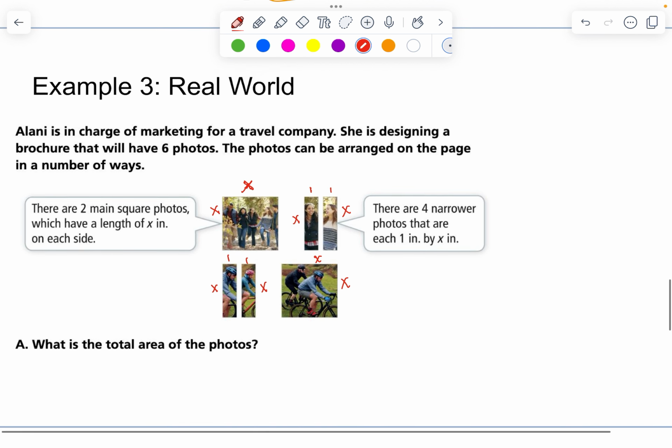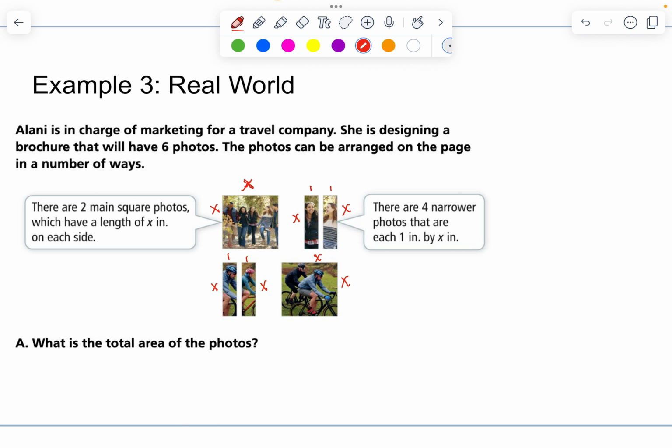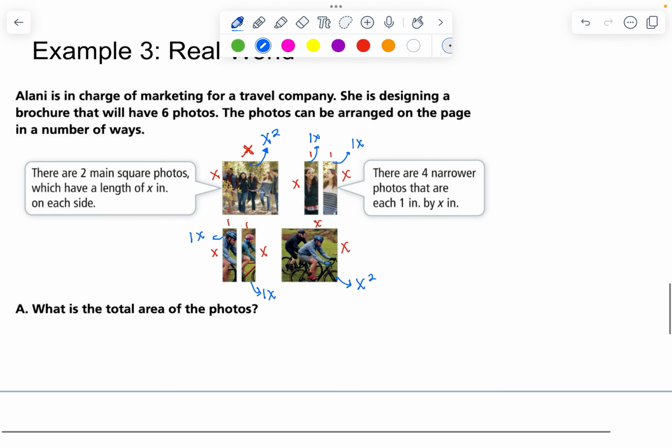So what is the total area of all of the photos? This is actually easier than it seems. The area of this is x times x, or x squared. This is 1x. I'm just multiplying the two sides like we did last unit. 1x, 1x, and then this is x squared.